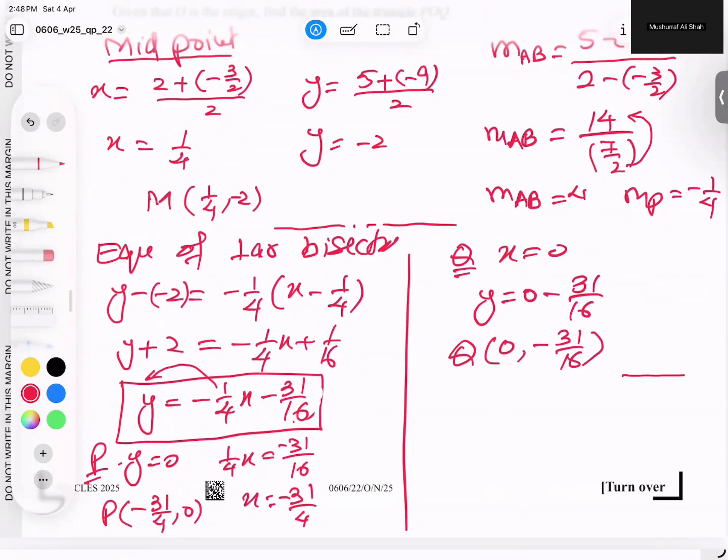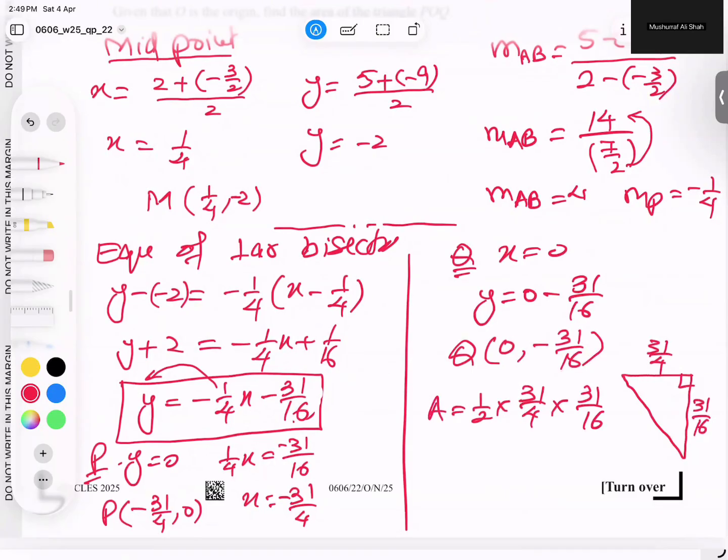Now basically I have this triangle, students. Okay, 90 degree. This base is basically this. I'm not using the negative sign because length is always positive. I'm using this from here. So 31 over 16. And what's the area formula? Half into base into height.